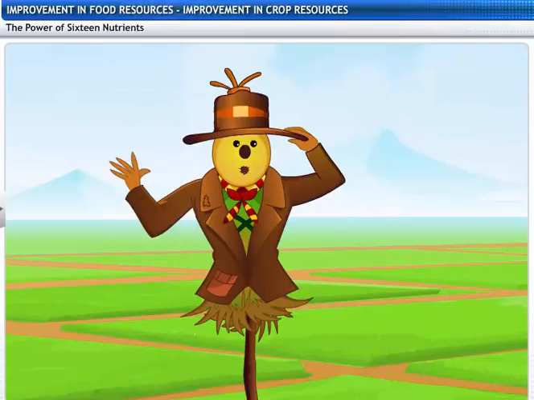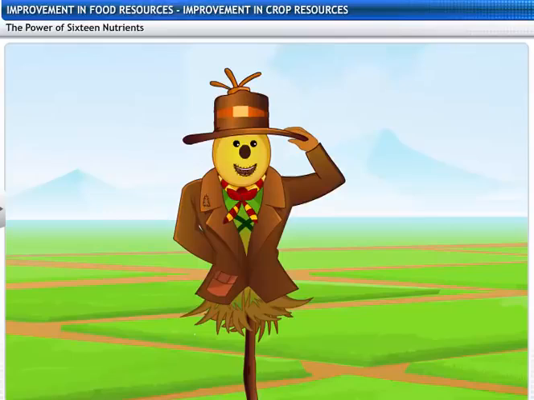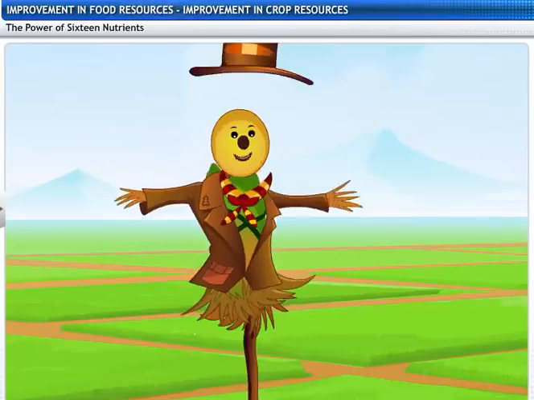Okay, now I understand why the farmer keeps saying that plants need nutrients for growth just like we need food for our growth.